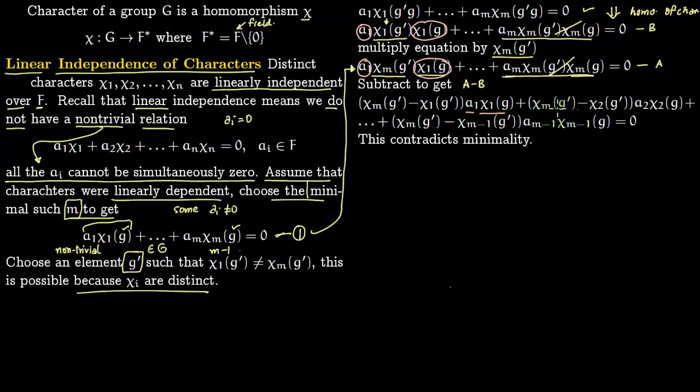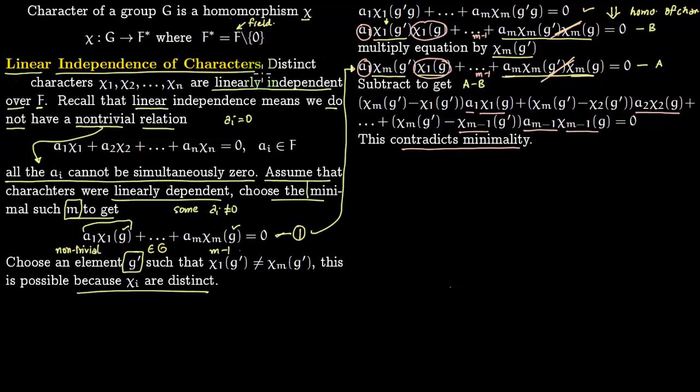Similarly for the second term, you will have chi-m of g prime minus chi2 of g prime, a2 chi2 of g, all the way to chi-m of g prime minus chi-m minus 1 of g prime, because the mth term is just cancelled out. So you will only stop at m minus 1, and you have m minus 1 terms equal to 0. Notice that there are m minus 1 terms because the mth term has cancelled out. So this contradicts our minimality because we said the minimal was m right here.